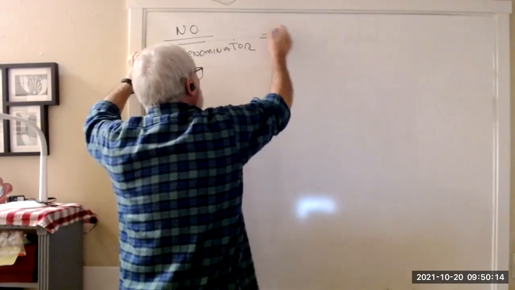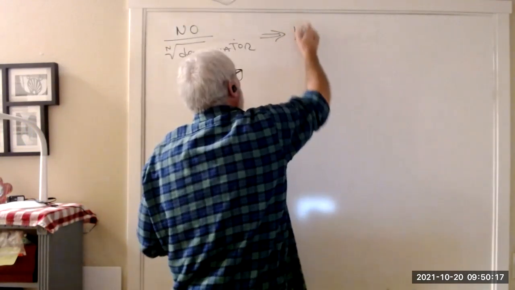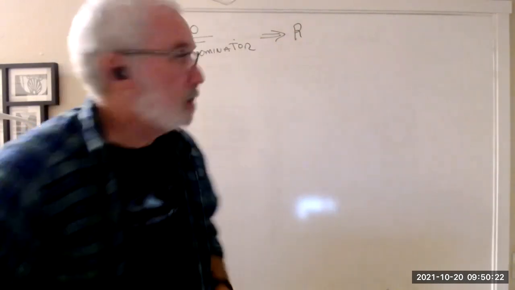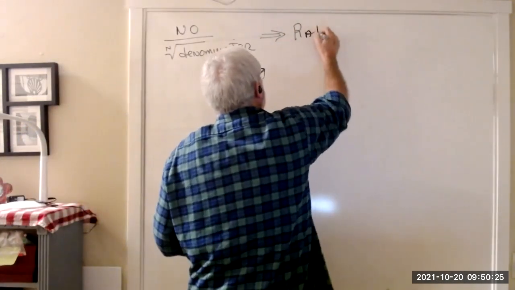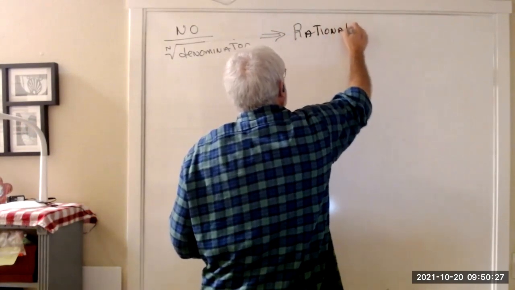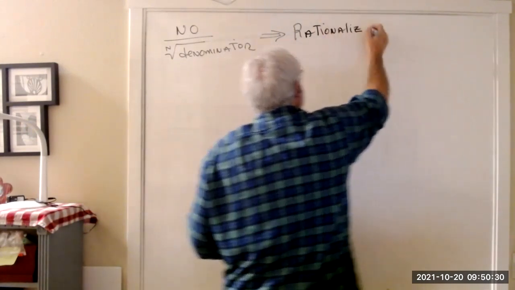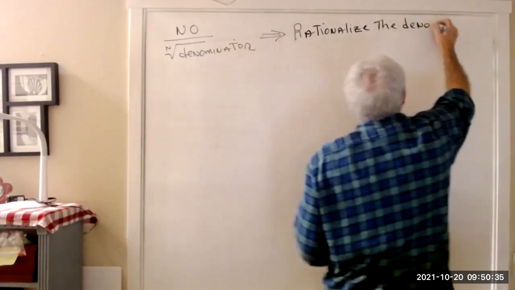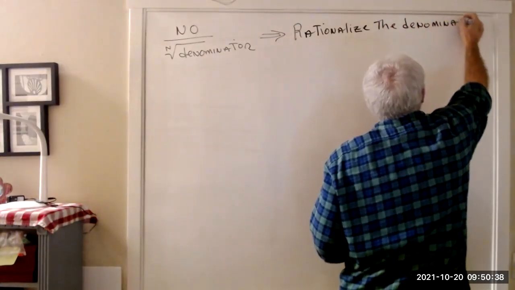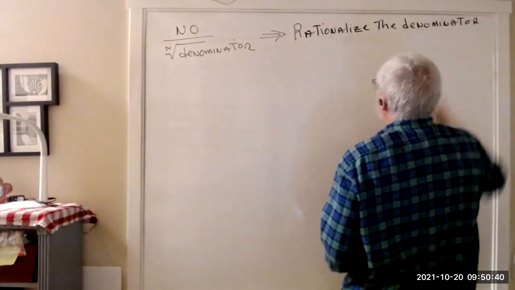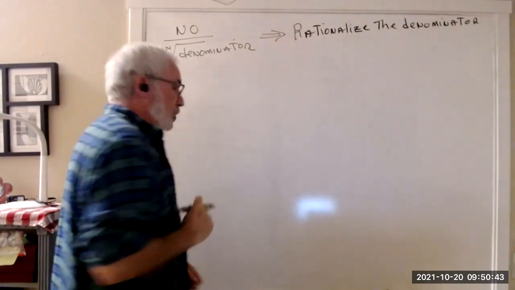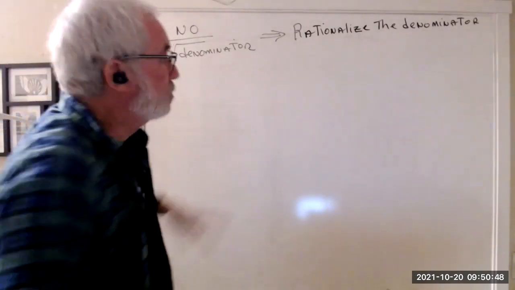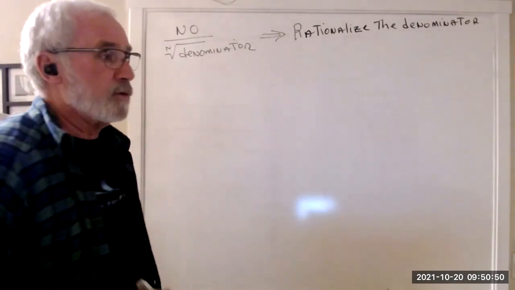And this leads us to the process that's called rationalizing the denominator. Okay, that's what the process is called. So I'm going to do 2, and then I have 2 or 3 for you to do.